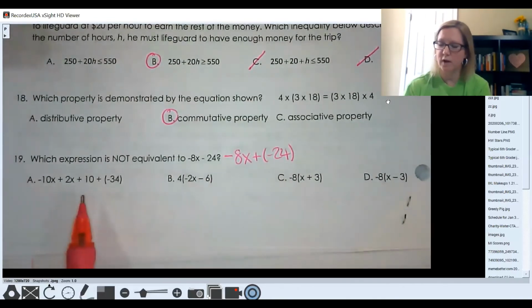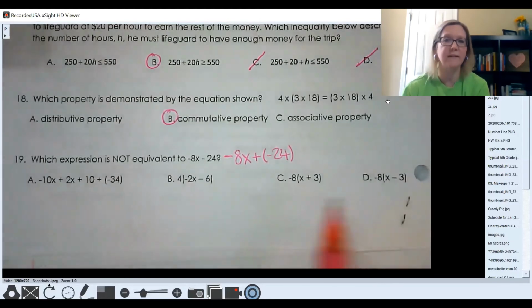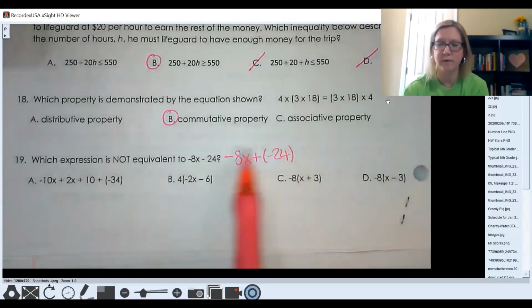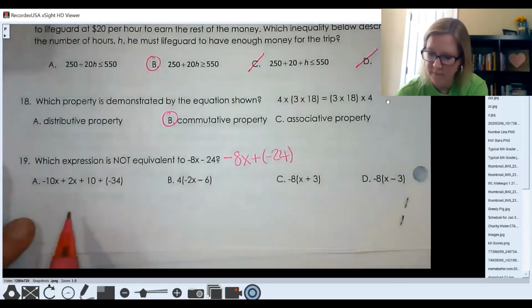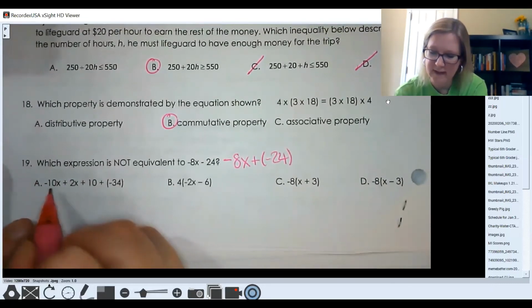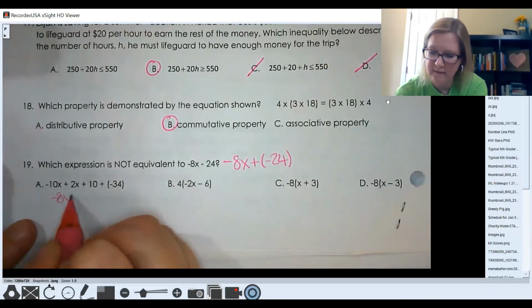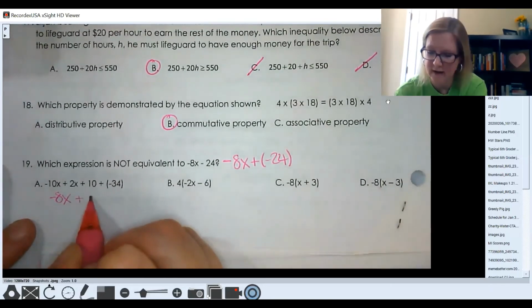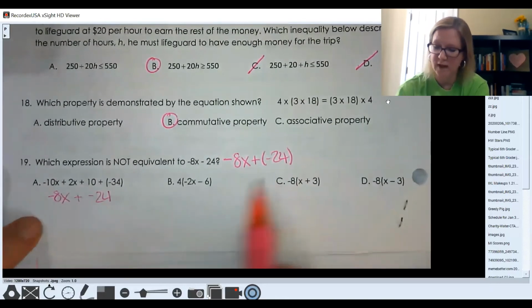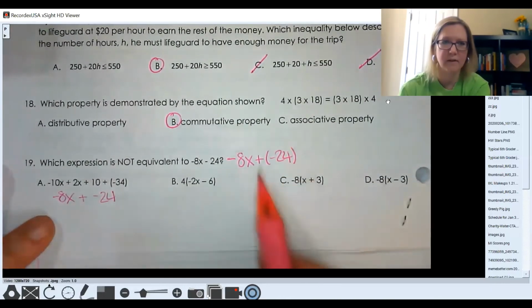So we're going to simplify each of these answers here to see which one does not equal this value. Okay, so for A, when I combine my like terms, negative 10x plus 2x is negative 8x, and then 10 plus negative 34 gives us negative 24. So that one does equal the original value.